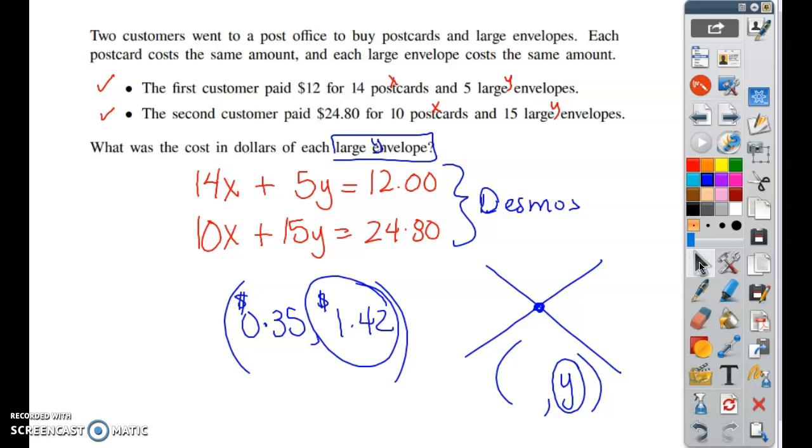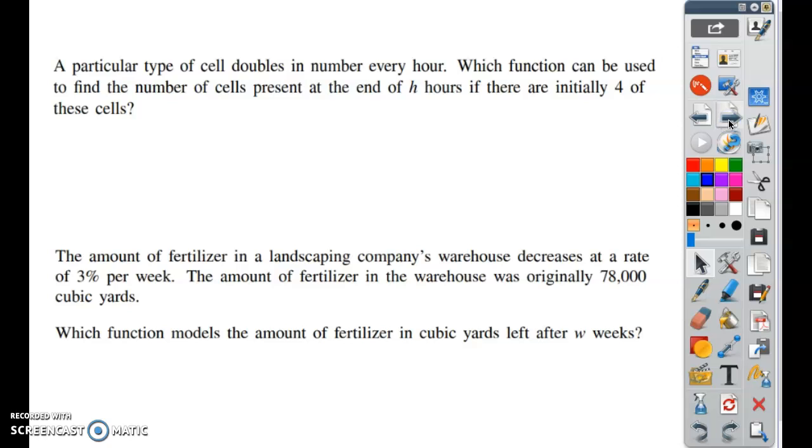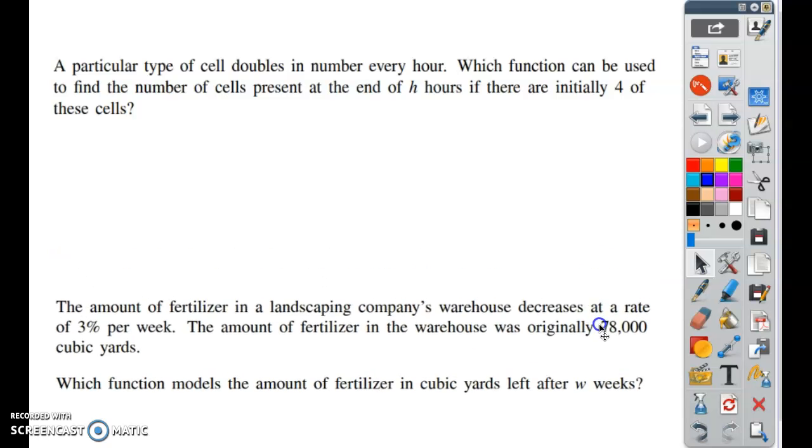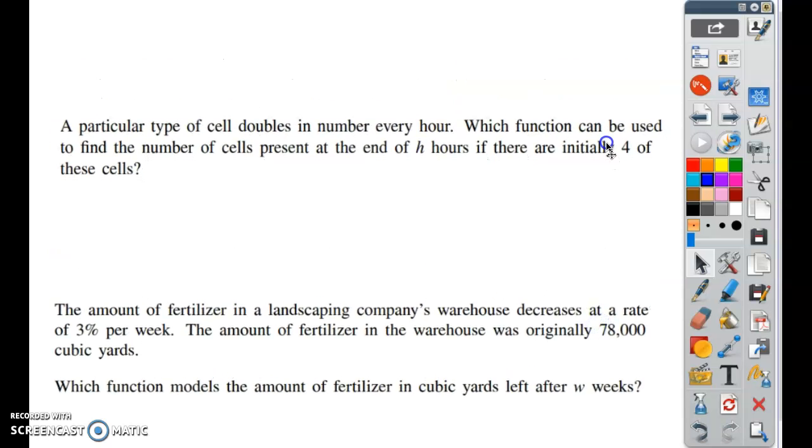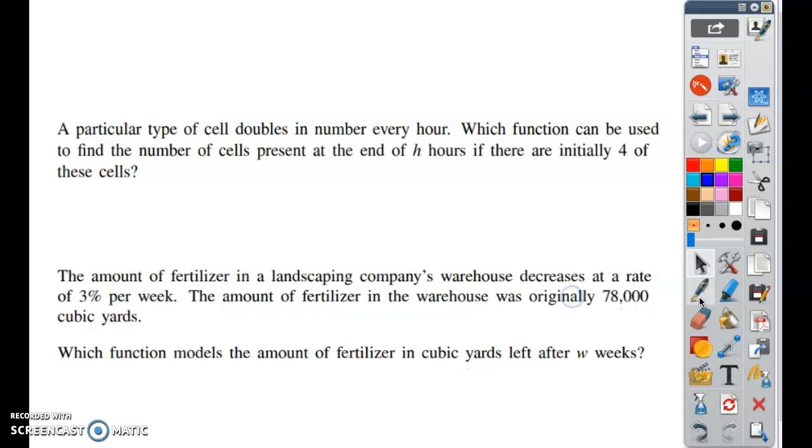These are the easy ones. You guys like these. These are the ones that we were doing last week, the exponential function ones. If I type the equation y equals, which you have on your paper, a times (1 plus or minus r) to the power of x. A is what you start with, remember?